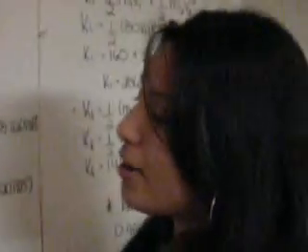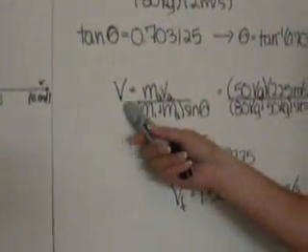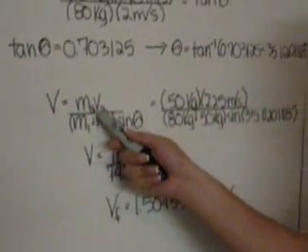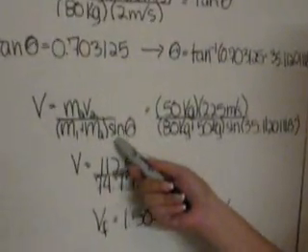velocity. So then we take the y component and we simply isolate v to find the final velocity after the collision, and then v will be equal to m2 times v2 divided by m1 plus m2 sine theta.